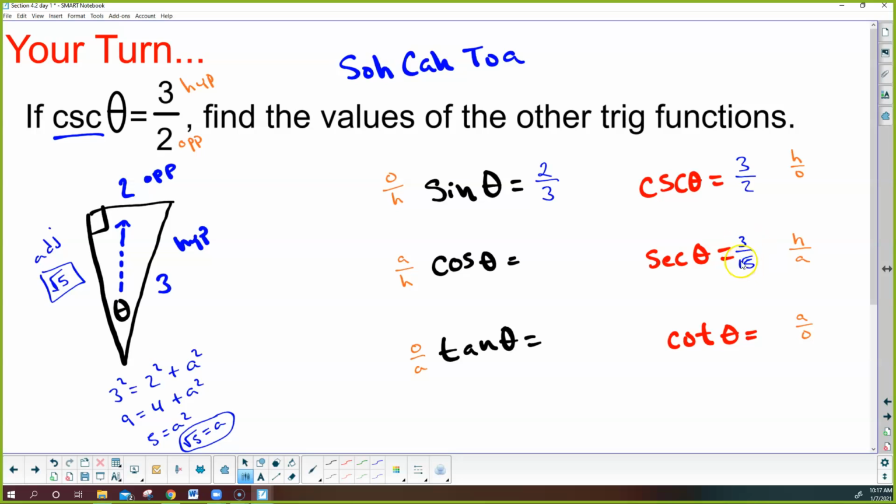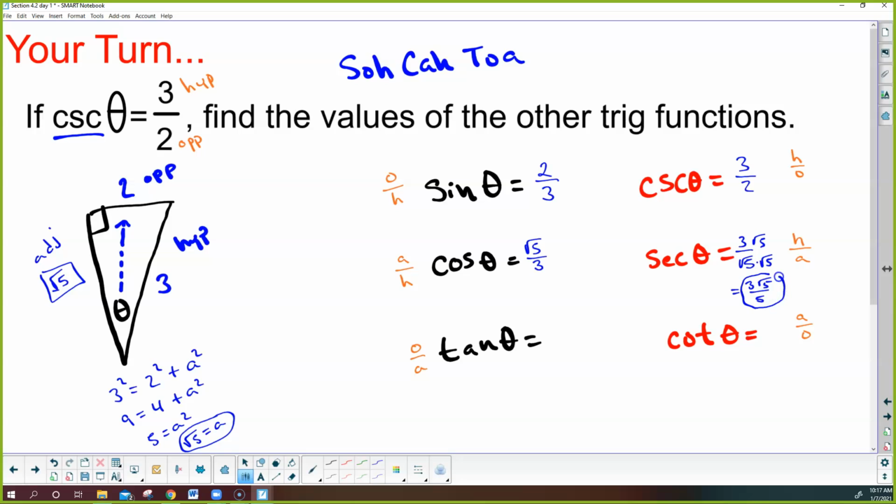Now notice, that has a square root in the bottom. So I don't want to simplify that yet. I want to first go ahead and flip it. So I have the adjacent over the hypotenuse here. I'm okay with this answer if the square root is in the numerator, but here we have to multiply by the square root of 5, top and bottom, and that will give me 3 square roots of 5 over 5.